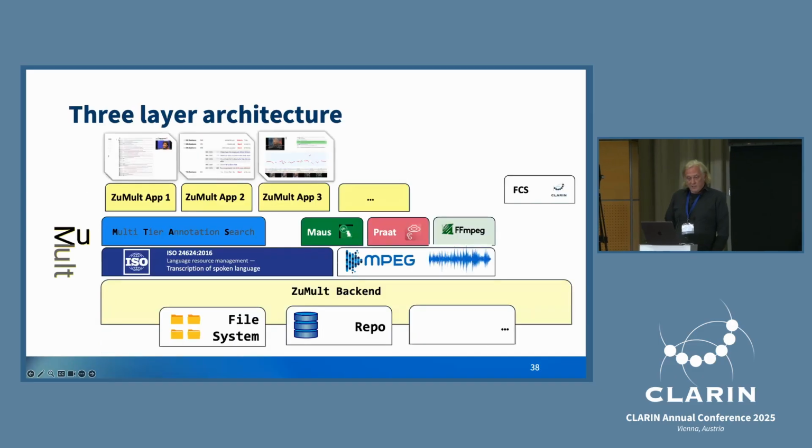And this gives us a 3-layer architecture where we have all those things on top of other things, mainly in the so-called business layer, and we can connect them to different file system representations of data, but also to repositories like Cocoon in France.